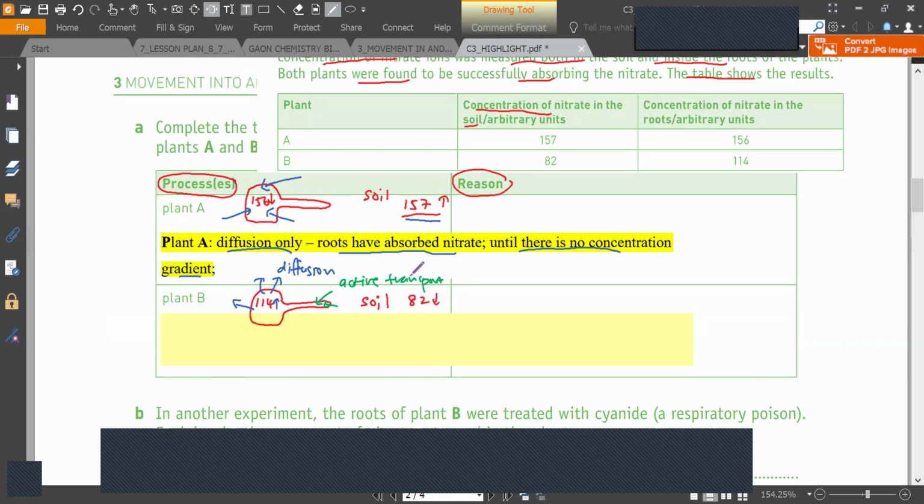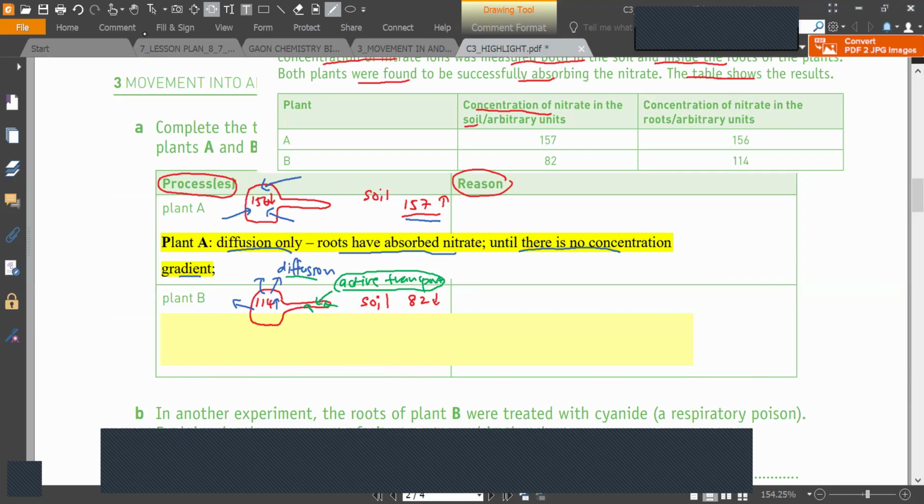Why? Because the plant needs to protect itself. If we just let the diffusion happen by itself, in the end the plant will lose a lot of ions, which is not good for the plant. So it will do active transport to bring the ions back in, even faster than the diffusion.